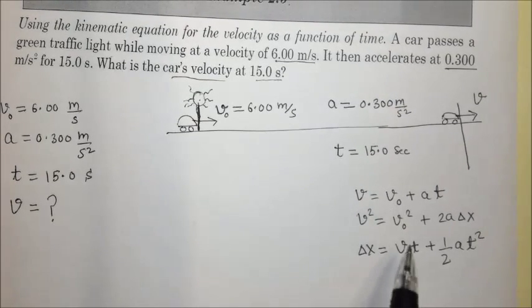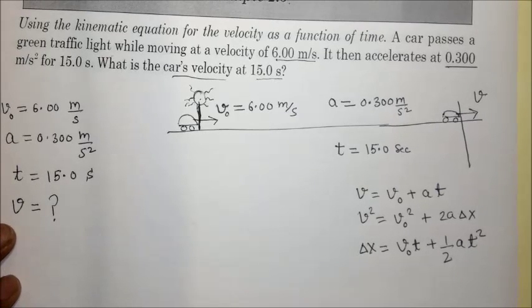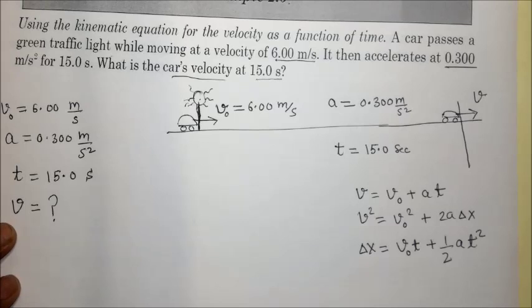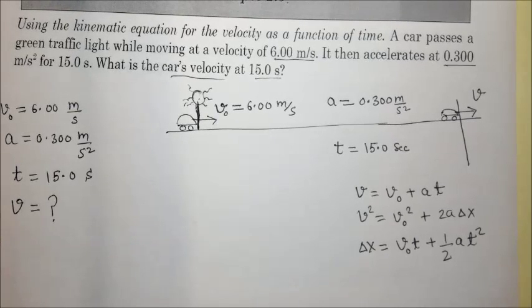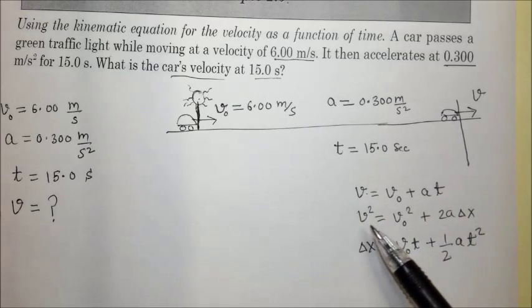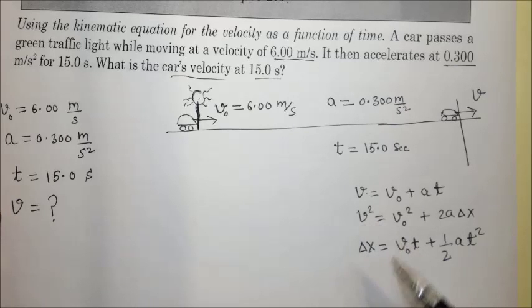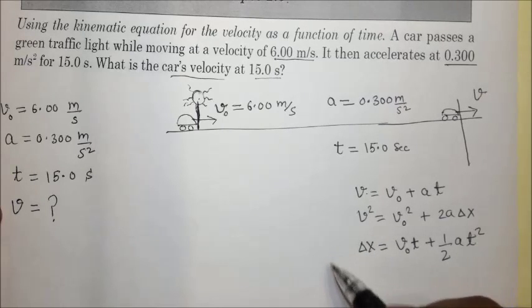One of these three equations is going to give you V final. Now you need to decide which one is the best one to solve this problem. So this equation has V final, this equation has V final. I am looking for V final, and this equation doesn't have V final, so we will not use this one right now.